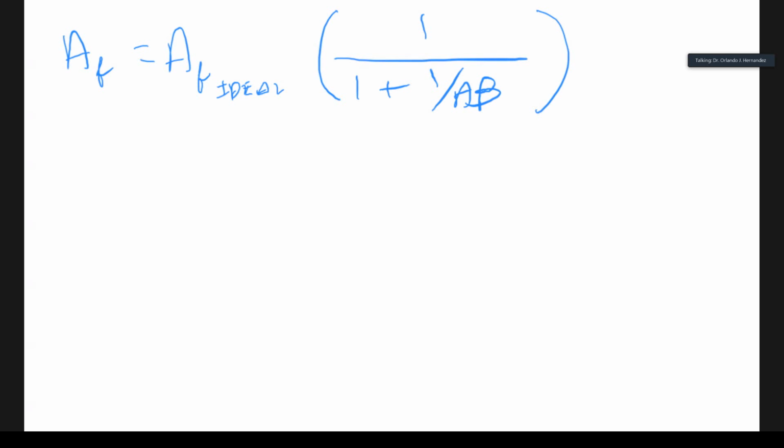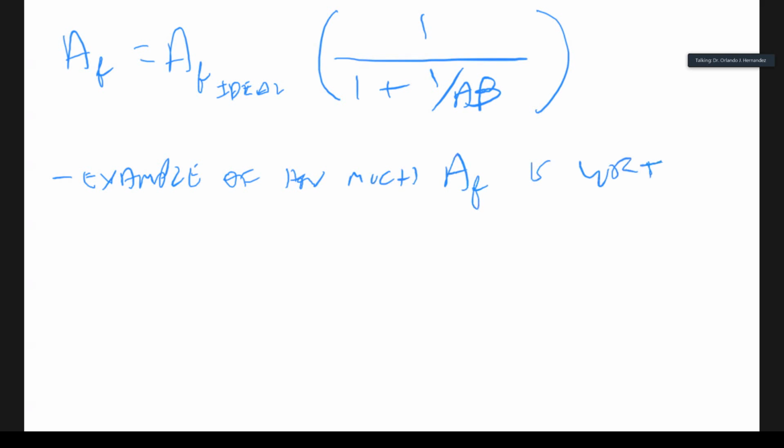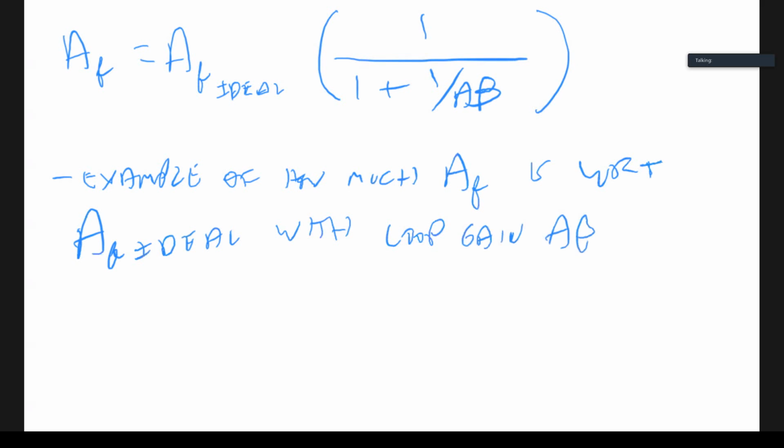So I just wanted to show a small example of how much the closed loop gain varies with respect to the ideal one, with, let's say, just a loop gain of 100, which is reasonable.